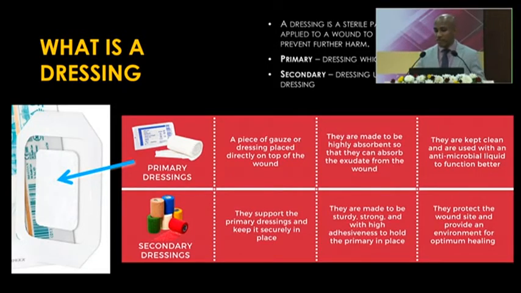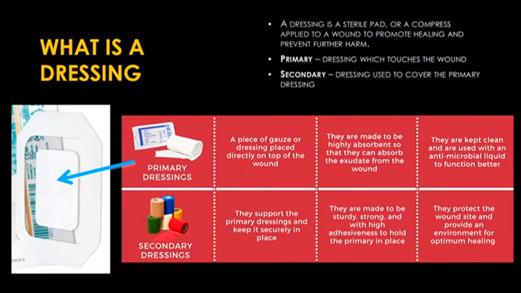Very briefly, a dressing is a sterile pad or compress that is applied to a wound. That's all it is. In use, we talk about two things. It can be a primary dressing and a secondary dressing. A primary dressing, for example, is something like this pad in the Tegaderm pad dressing, which is in direct contact with the wound.